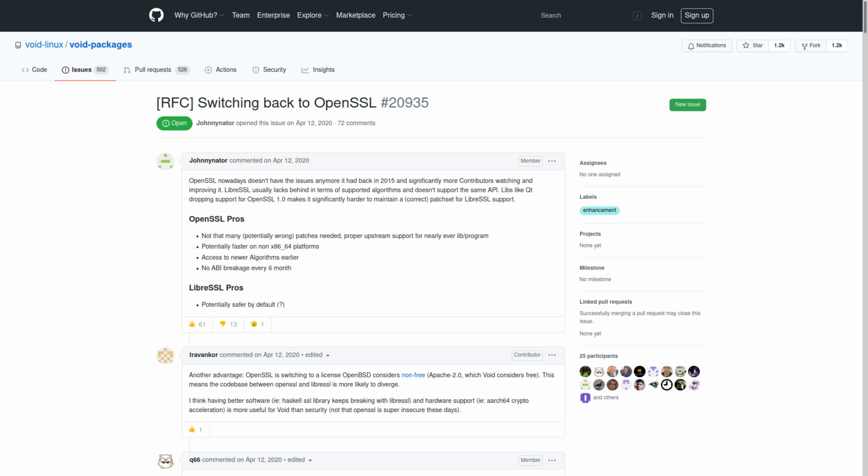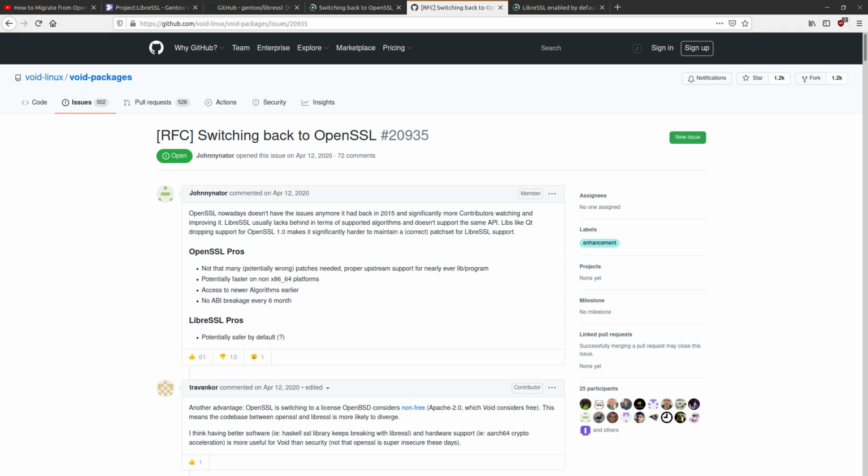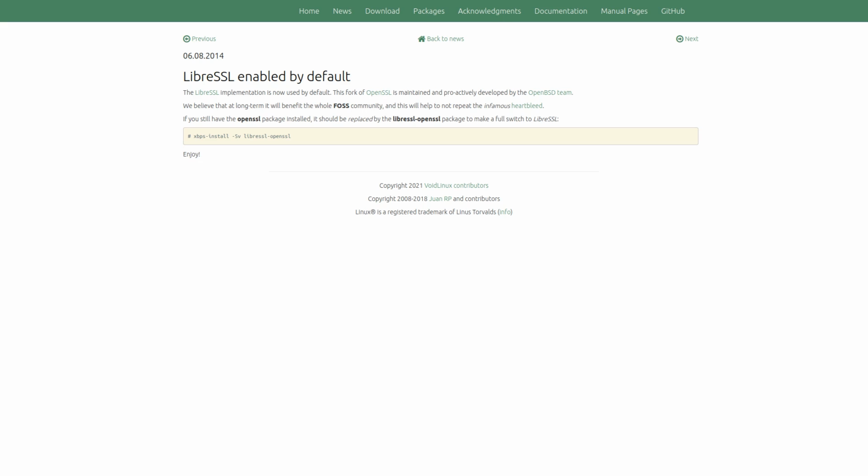And this is also the reason why Void Linux originally made that bold decision to switch to using LibreSSL by default. You can see the date right here, June the 8th of 2014. This is just a few months after the Heartbleed vulnerability was released.